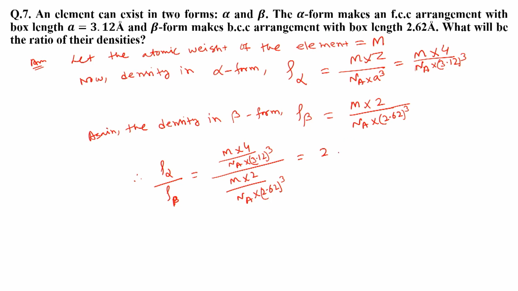So if we calculate this, we get 2 times 2.62 cubed by 3.12 cubed, and if we calculate further, the value is 1.184. So this is the ratio of their densities.